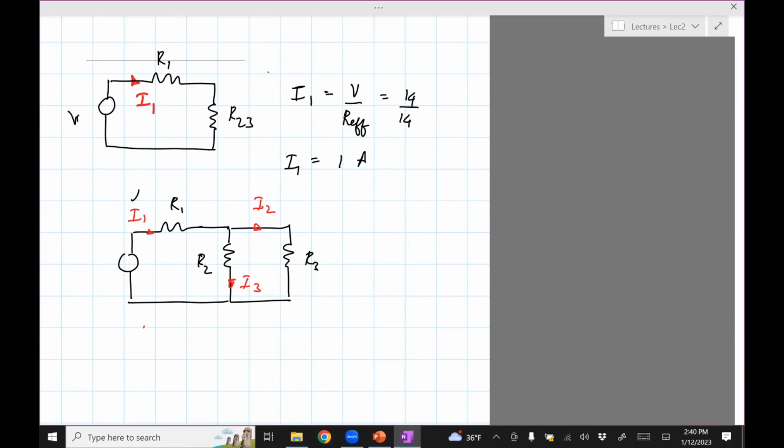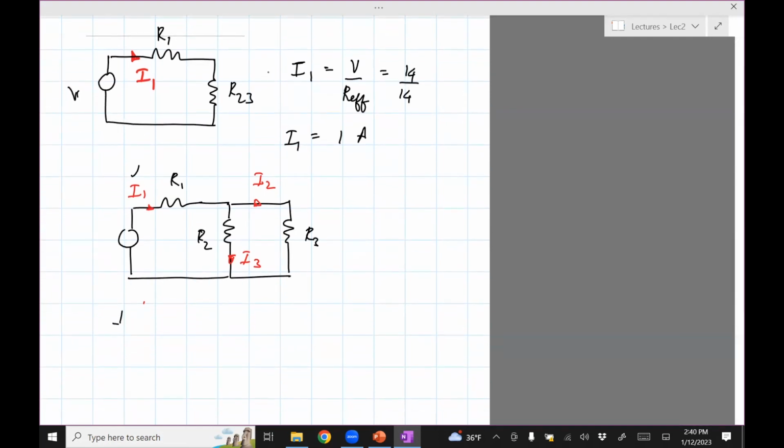Now, one option is you could do the same analysis I did earlier, KCL, KVL, but we know the current divider. This is a current divider circuit, the one involving R2 and R3. So we can just use that formula. The formula for I2 is a fraction of I1, because I1 is the current going through both the branches.